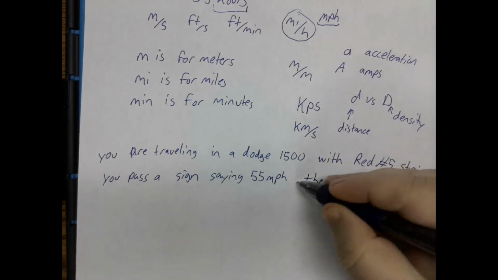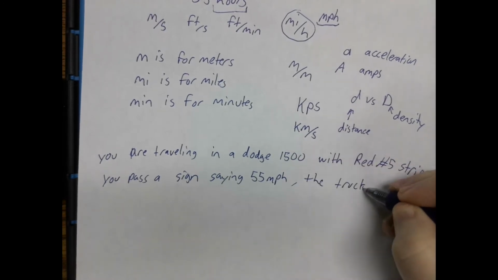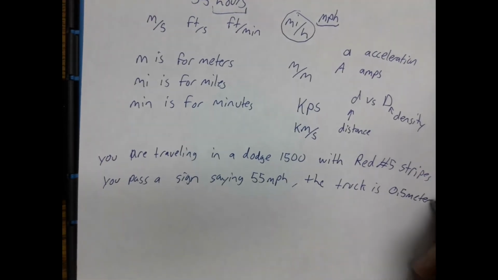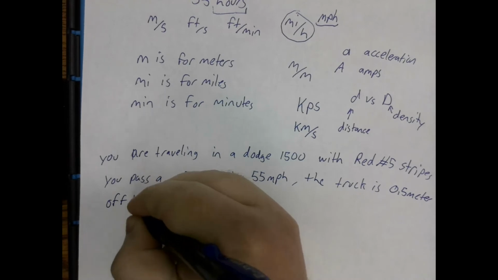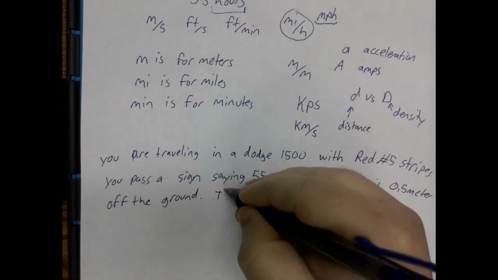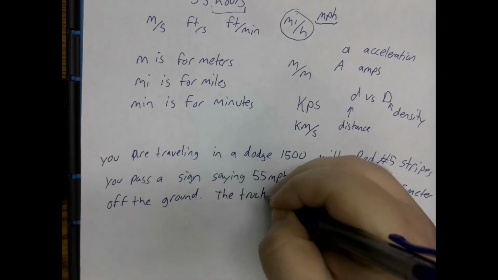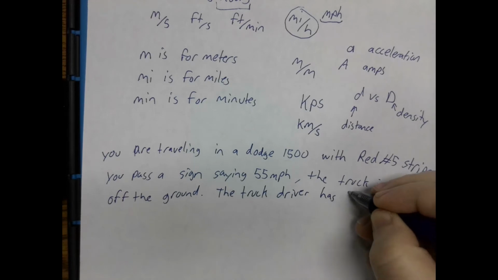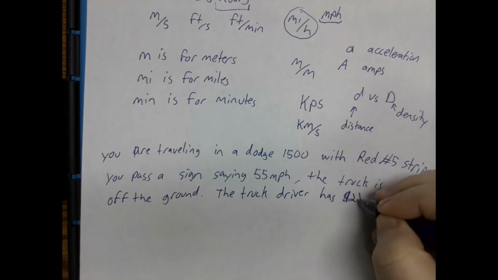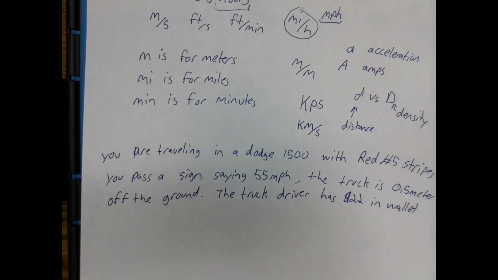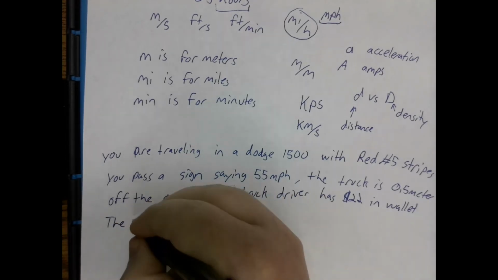The truck is half a meter off the ground. The truck driver has $22 in his wallet. The truck has 4 tires.